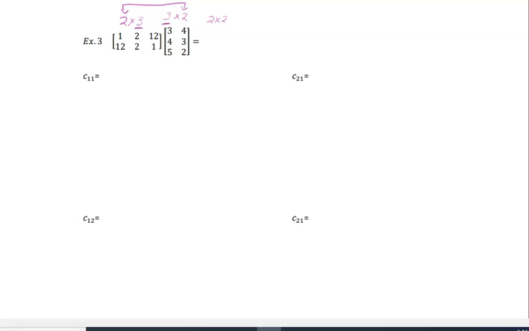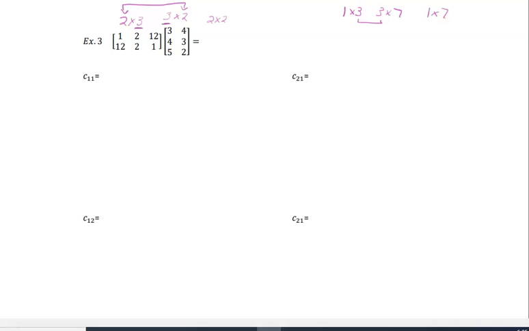So if I had a 1 by 3 and I wanted to multiply it by a 3 by 7, I would look to see that these two numbers are the same, so I can do it, and I would get out a 1 by 7, the first and the last.